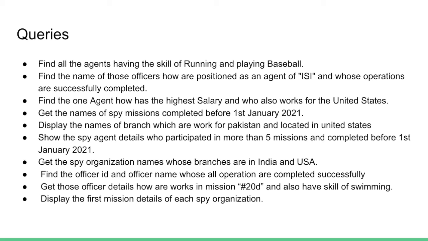Another is to find the names of those officers who are posted as an agent of ISI and whose operations are successfully completed. For this execution, first I found the details of agents who work for ISI, and then again filtered the data to get the operations which were successful.